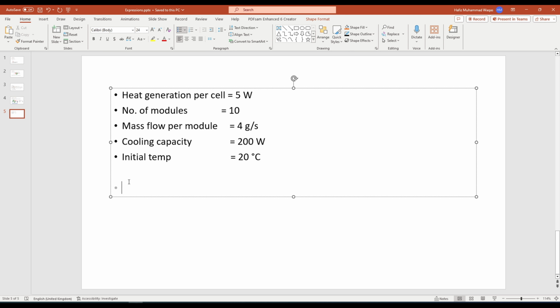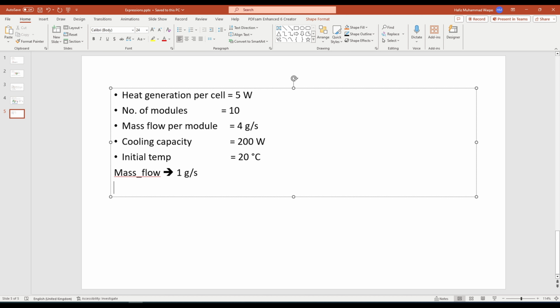Let's say mass flow. All these things I am writing here, we will put into our expressions. So flow rate through each module will be 4 gram per second. Through 1/4 of the portion it will be 1 gram per second.